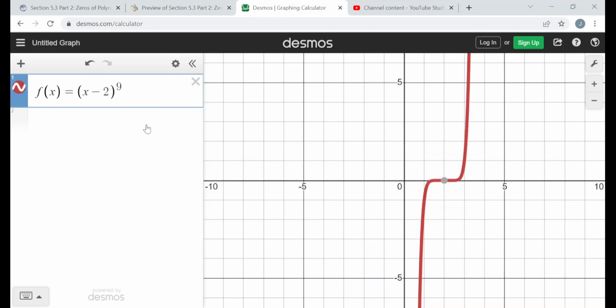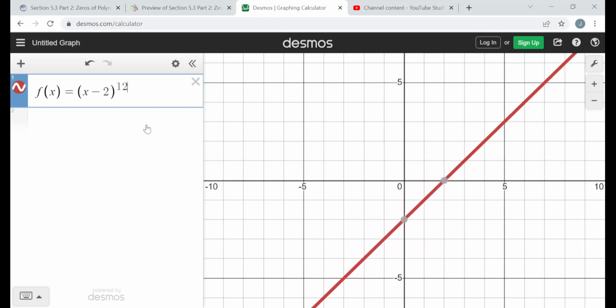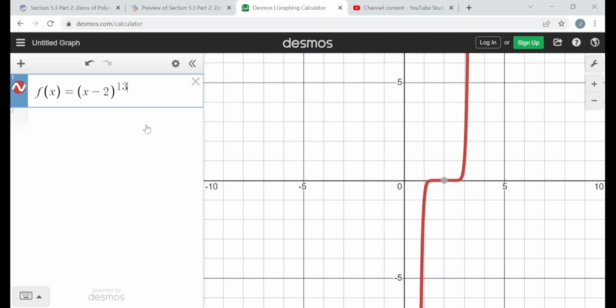Then 9, wider and flatter. 11, wider and flatter. 13, 15, right? You see how it basically looks like a horizontal segment almost. It's so wide and flat. But it definitely still crosses over the x-axis with an odd multiplicity.